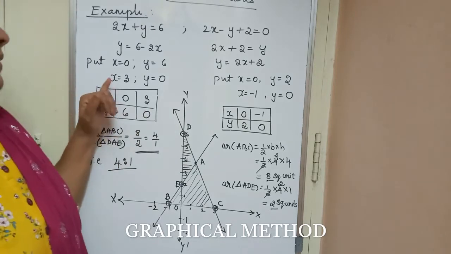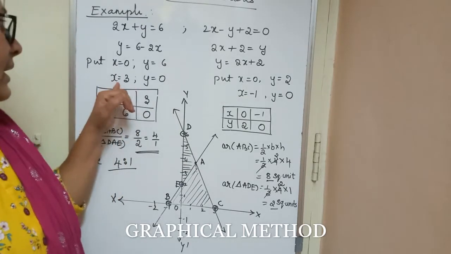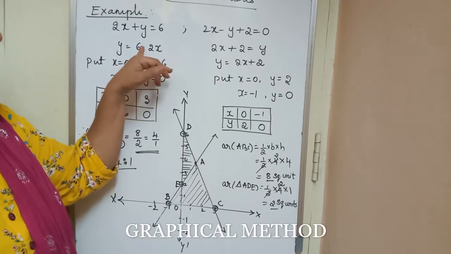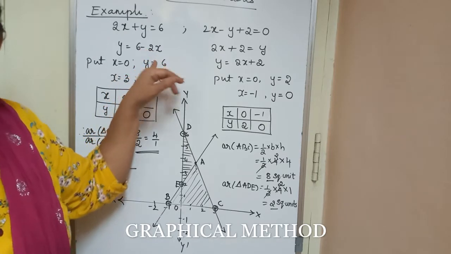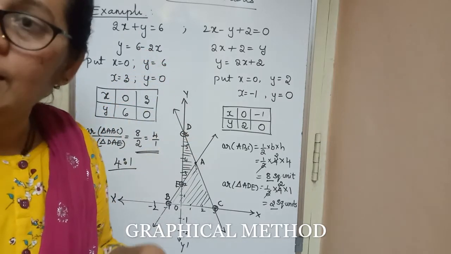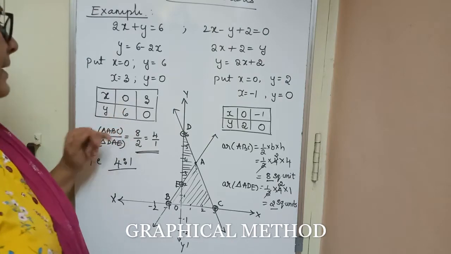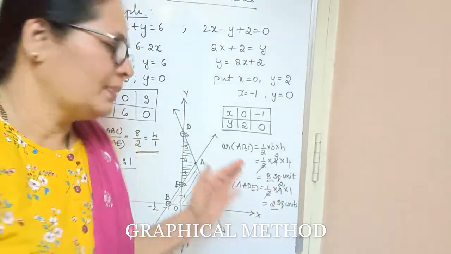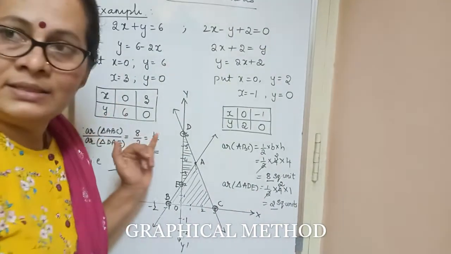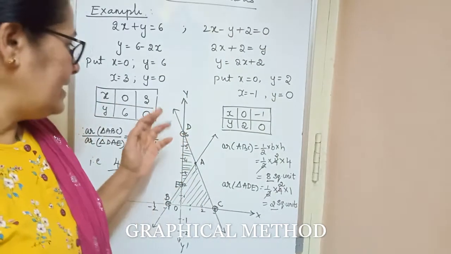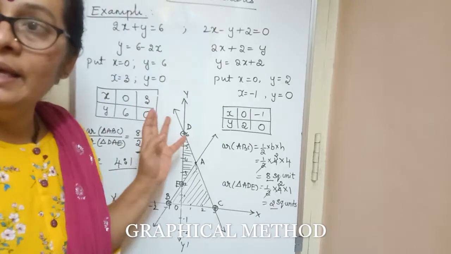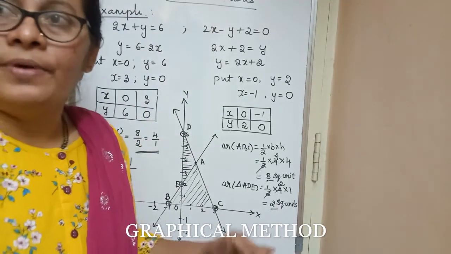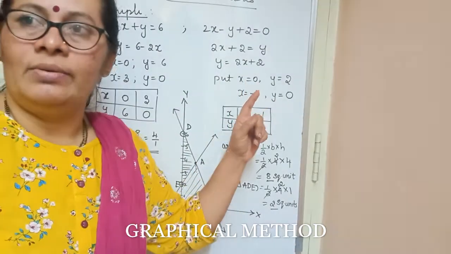One more value, x equals 3, then y equals 6 minus 2 into 3, which is 6 minus 6, which is 0. So, you will get two coordinates. In the first, x is 0 and y is 6, and in the other, x is 3 and y is 0.